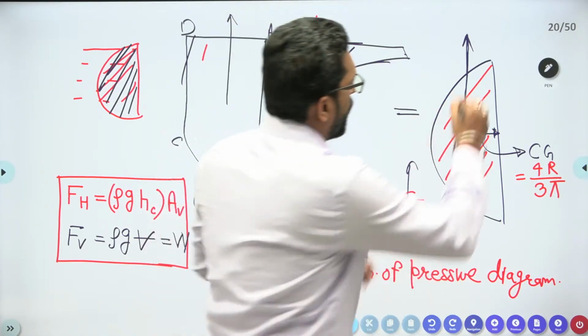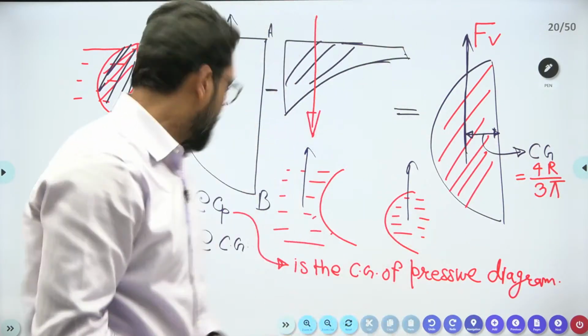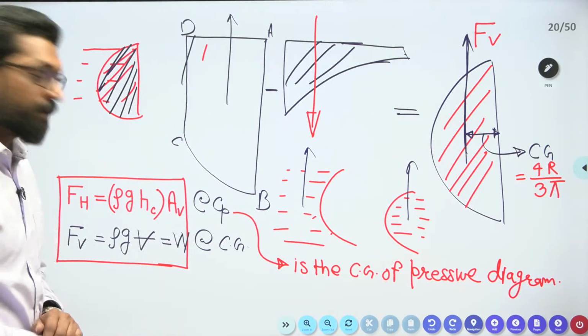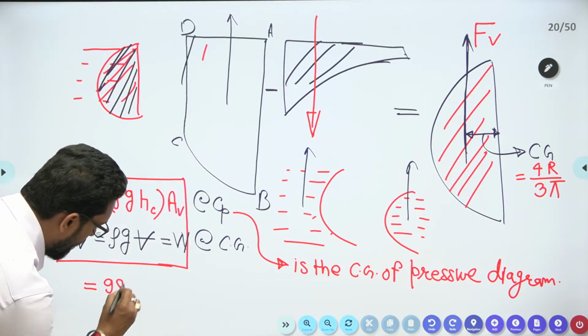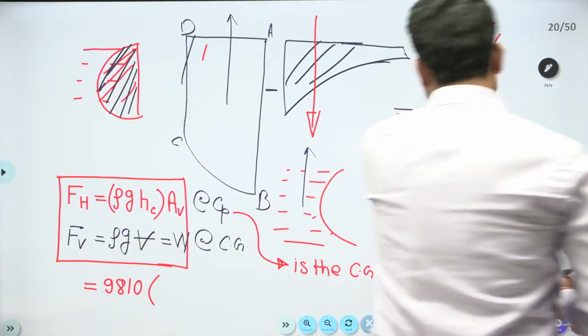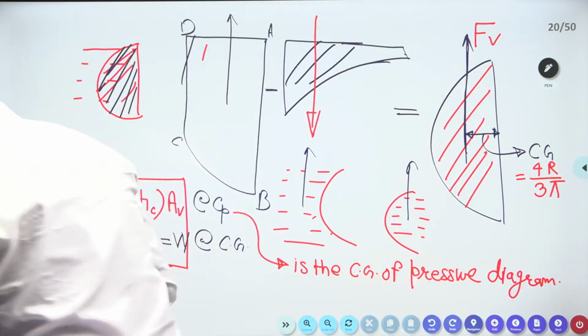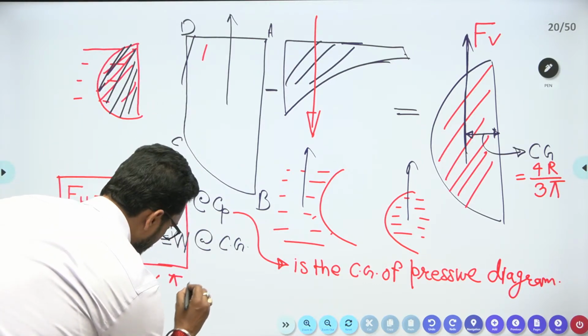So this is your net vertical force. How to calculate this? Rho g into V. You know rho g, 9810. And this is your volume. What is the volume of this semicircle?